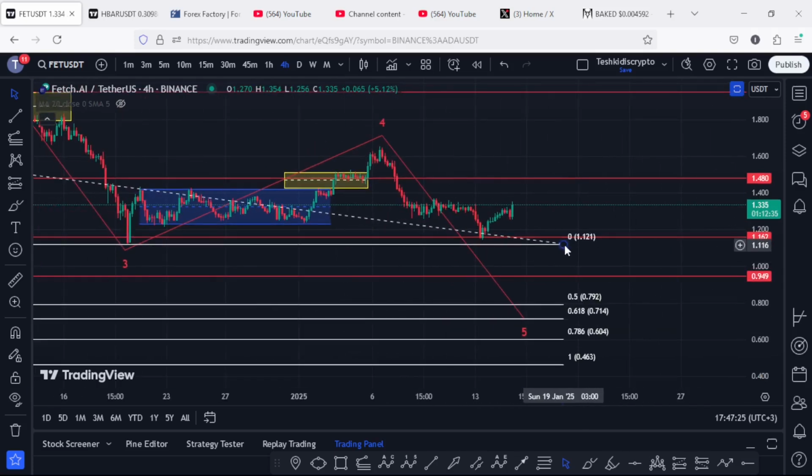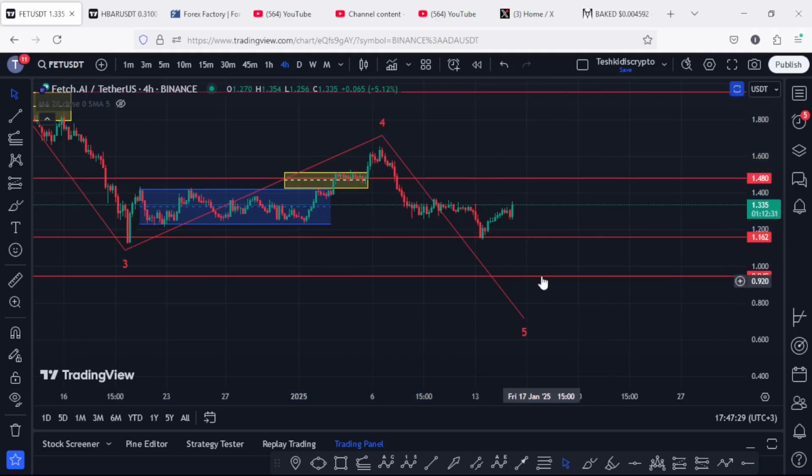And that means that this pullback is not yet over, and we need to see another pullback to the lower side, fully maximizing that target area above the 0.71 before we can start another bounce back to the upside, which can easily get us back above the 1.5 or maybe the 1.7.